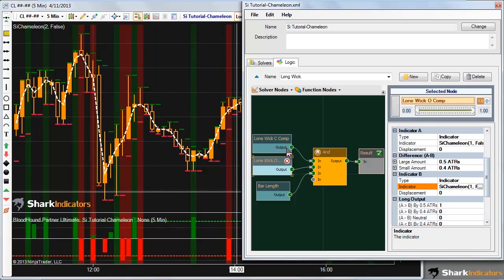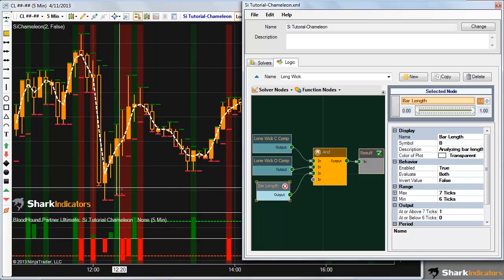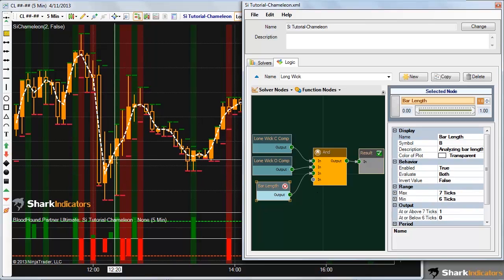And so when I join them all together in an AND node, I also include the bar length because I want a minimum bar length. So I'm looking for a bar length of at least 7 ticks. That way it ensures that I get a decent, long enough wick. So if I'm looking for a bar that's at least 7 ticks long, then that means the wick has to be at least 4 ticks.